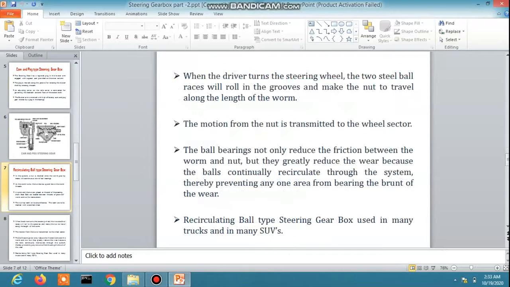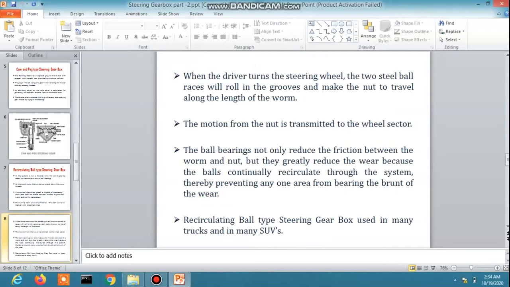So when the driver turns the steering wheel, the steel balls race along the groove and make the nut travel along the length of the worm. The recirculating ball type steering system is nowadays the most popular in most heavy vehicles, cars or trucks.